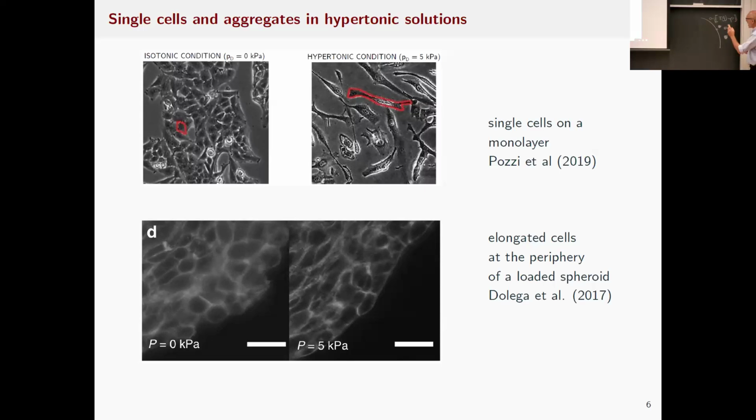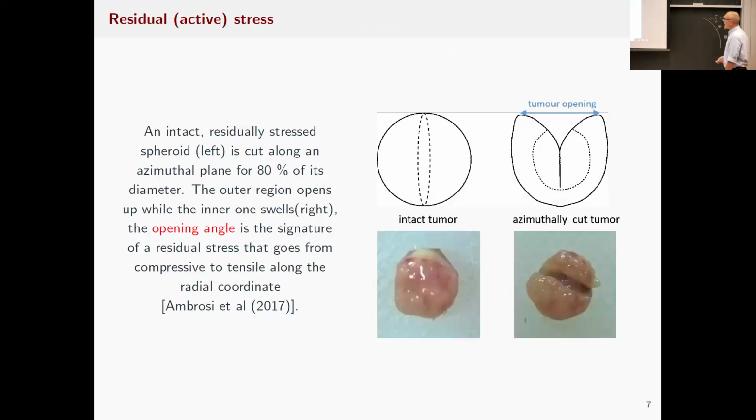When you have a single cell and you have to deal with macromolecules outside the cell, the difference is between the diameter of the macromolecules and the pores of the membrane. Here it's different. What you are comparing is the diameter of the dextran versus the diameter of the interstitial space between the cells.